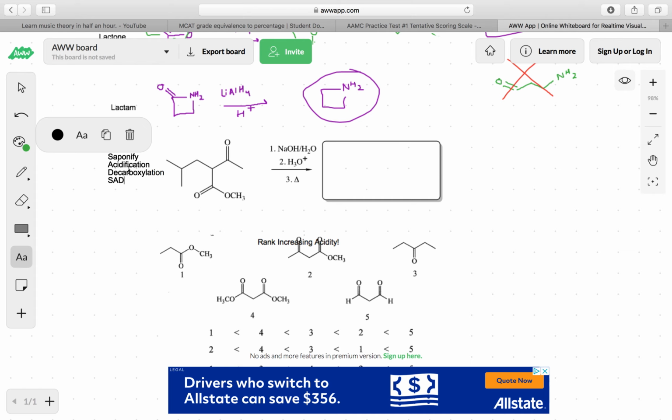And remember, SAD was a great way to get rid of esters. So just from that alone, you guys should know that we should probably just lasso out this ester group. But let's just take it step by step. So if I add OH minus and I saponify this, we're going to end up getting this.